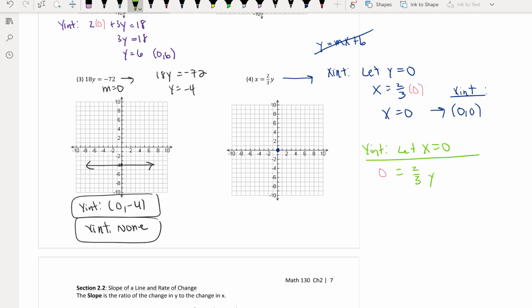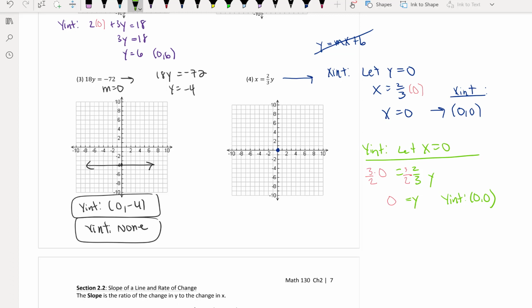If I were to multiply both sides by the reciprocal, so it'd be 3/2 times 3/2... well, 0 times 0 is just 0. So my y-intercept would be at 0, 0. So it's exactly the same as my x-intercept.